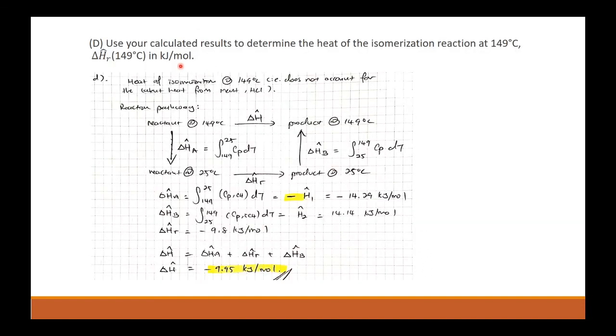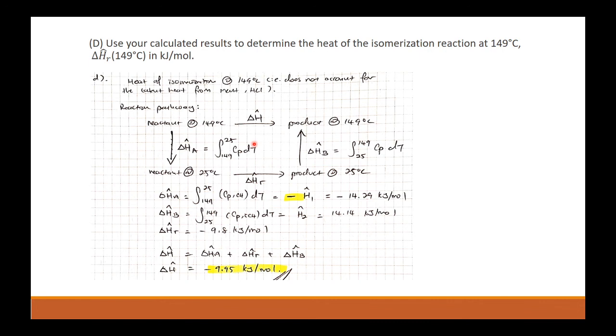Now part D. Use your calculated results to determine the heat of isomerization reaction at 149 degrees Celsius in kilojoules per mole. So the heat of isomerization at 149 degrees Celsius does not account for the latent heat from the inert HCl. Same thing, we draw the reaction pathway first.